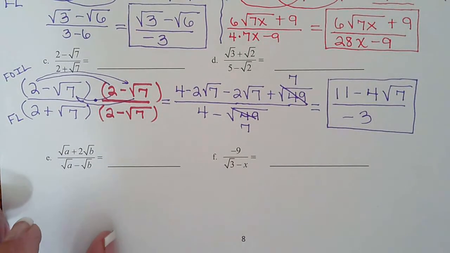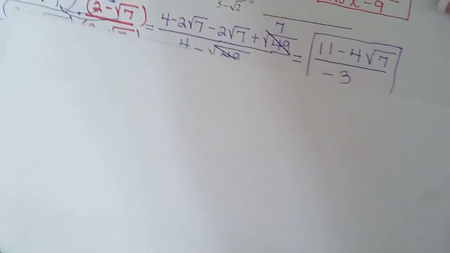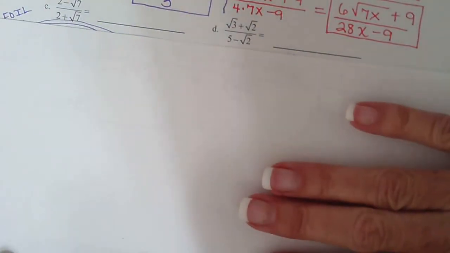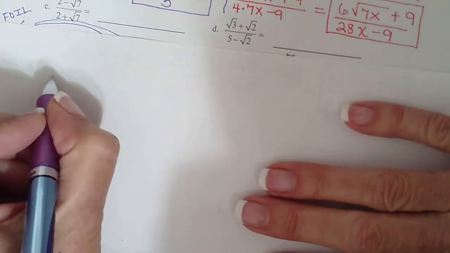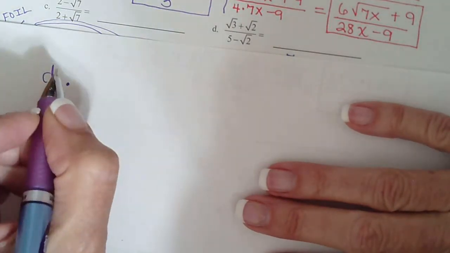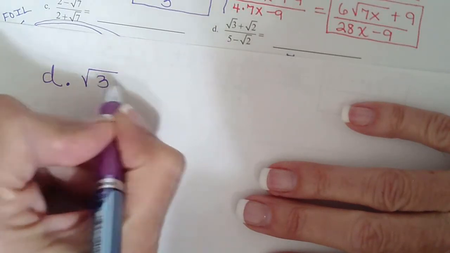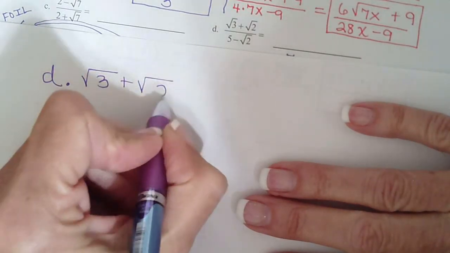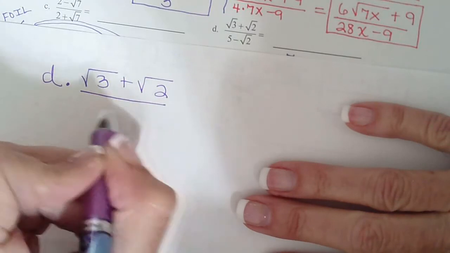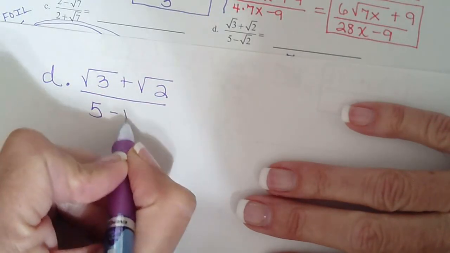Okay, so let's go ahead and write D on a separate sheet of paper. So we have radical 3 plus radical 2 over 5 minus radical 2.